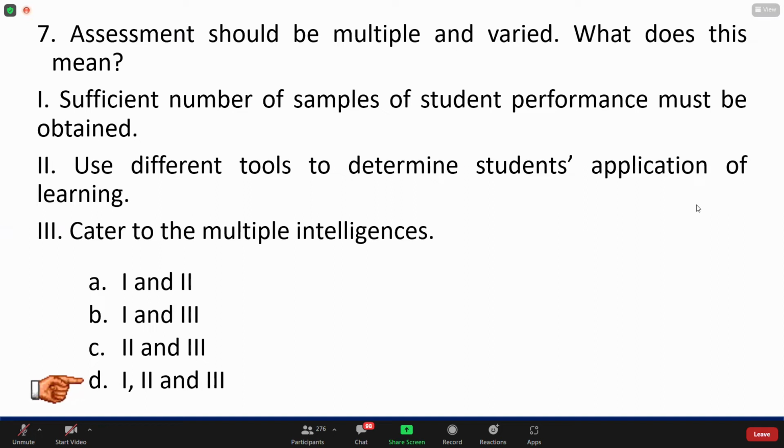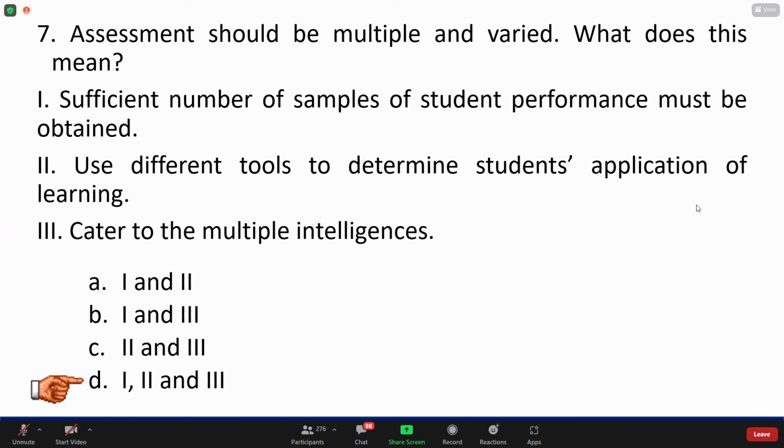Number 2, use different tools. Kaya nga siya varied, di ba? So that's why we need to use different tools. Kaya pasok din si 2. And of course, since you're talking about multiple and varied, so dapat pumasok dito yung pag-cater natin sa multiple intelligences ng ating student. So that's why the correct answer is letter D, 1, 2, and 3.